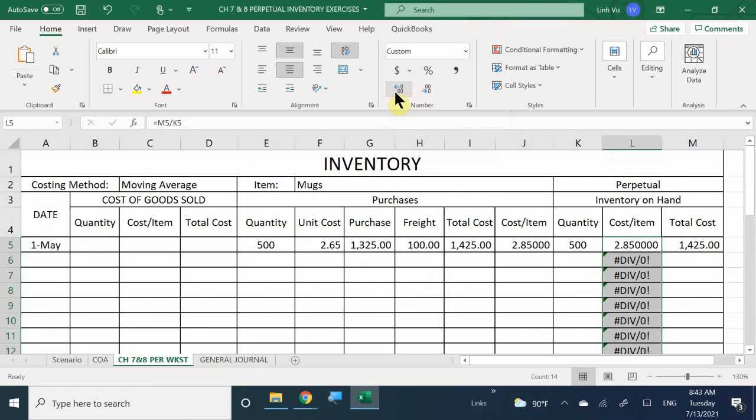I'm going to pull it forward a couple decimal places, because this is moving average and this number is going to change. Especially when we're dealing with an odd quantity, it's going to scale and make it uneven as we keep recalculating it over and over again.